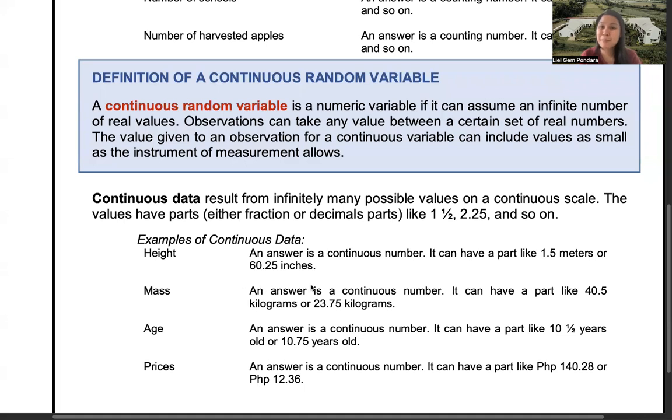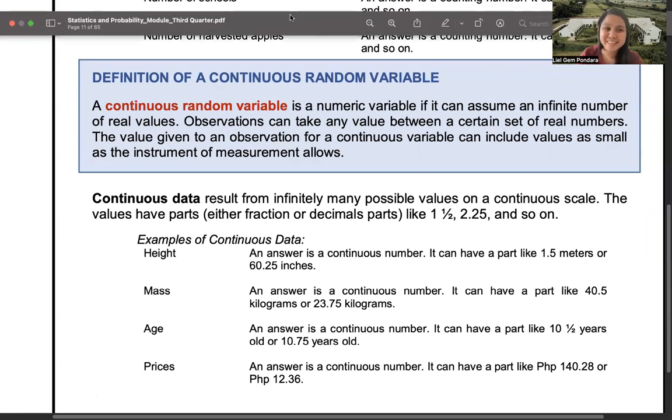Height, 60.25. Mass, age. I told you a while ago, you just say you're 18, but in reality, you're 18.5 or you're 18 and 3/4. Next, prices. 140.28, there is a decimal part, or 12.36. So we call them continuous random variables.